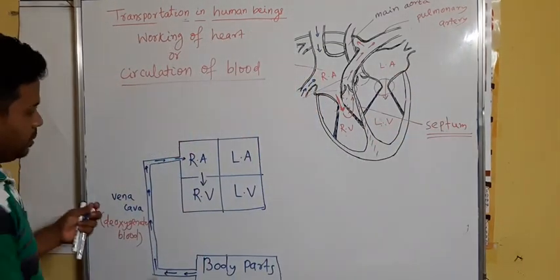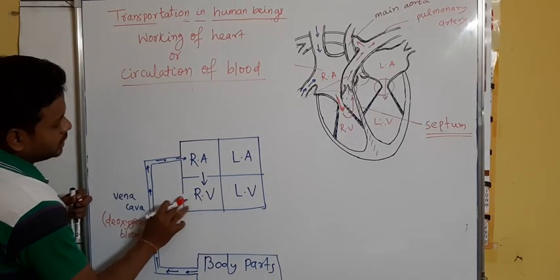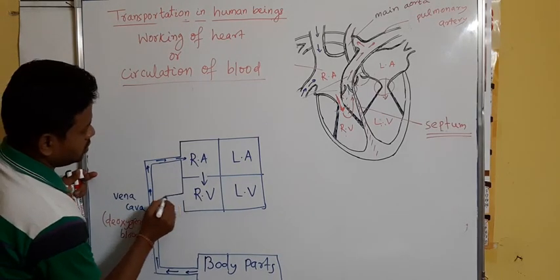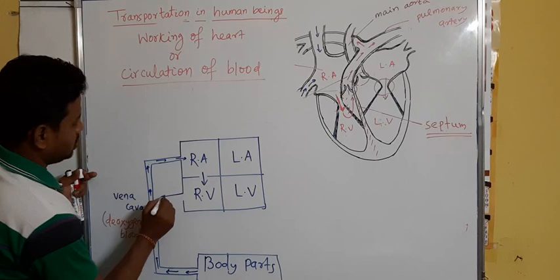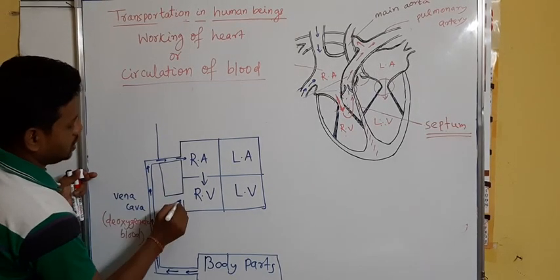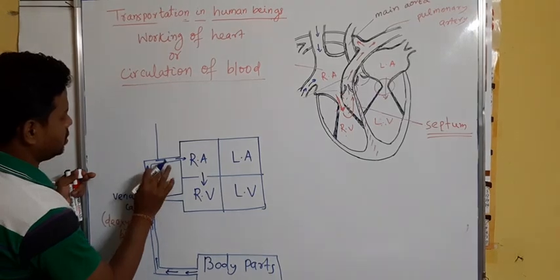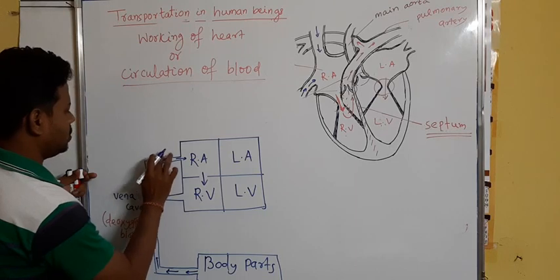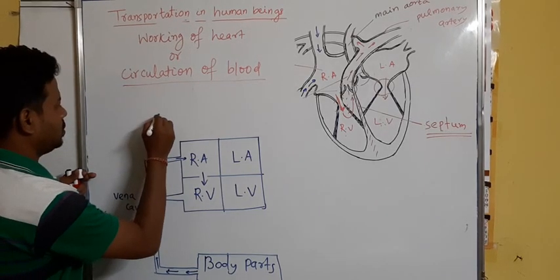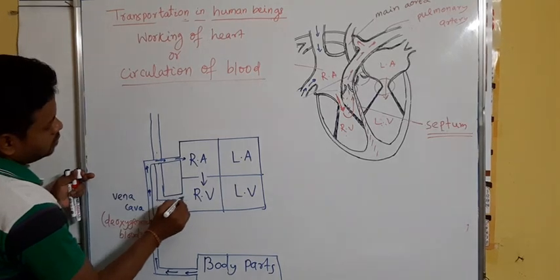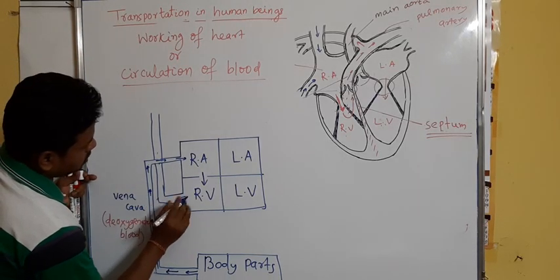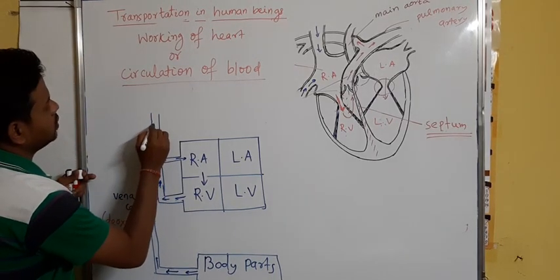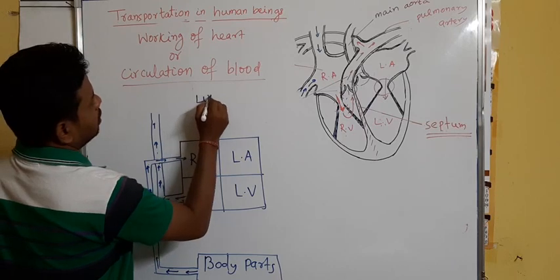So what happens, from right ventricle, the blood moves making like this, to the lungs.